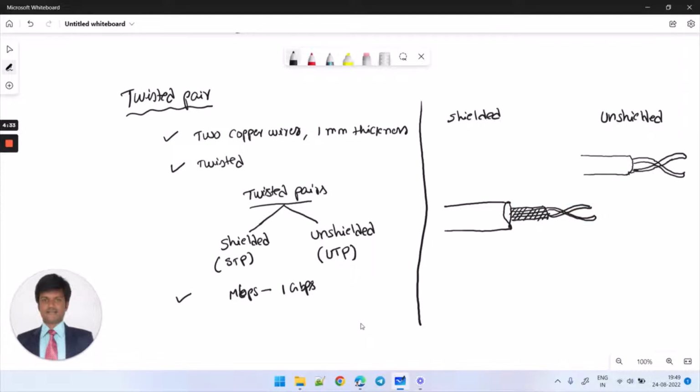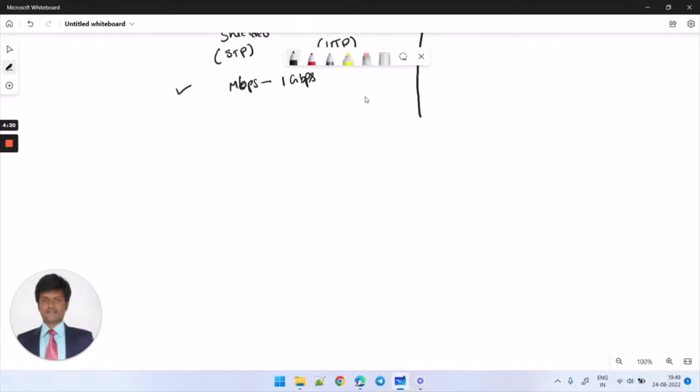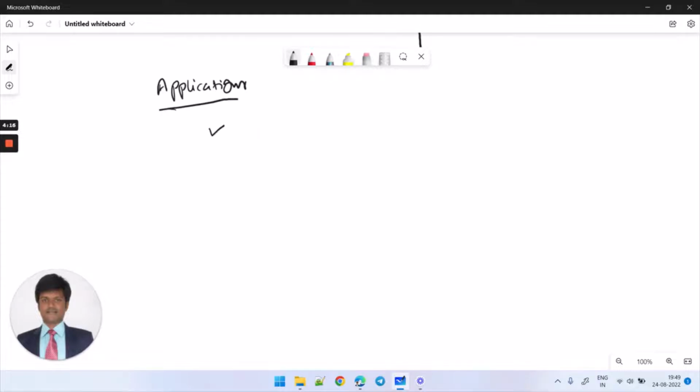There are many applications. The popular applications for twisted pair cables: earlier, all the telephone lines were twisted pair cables.